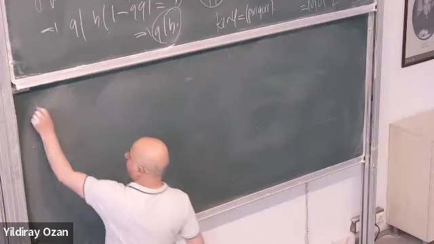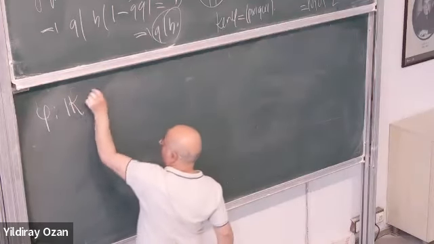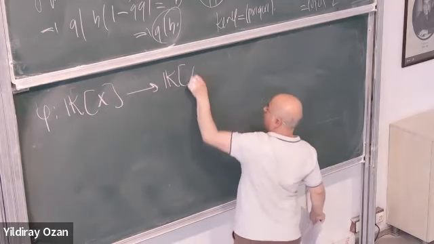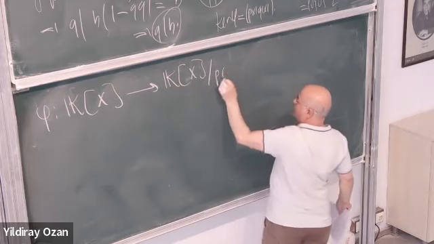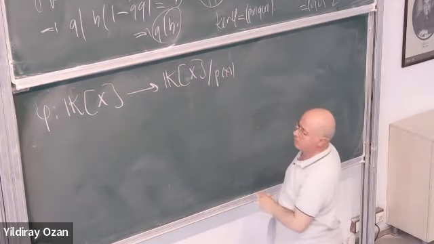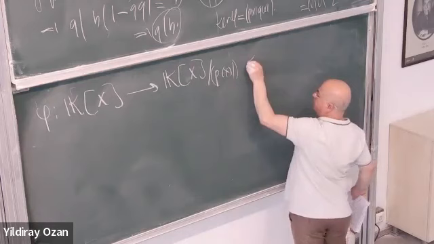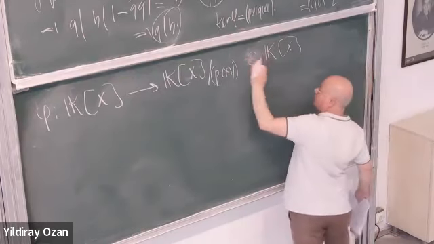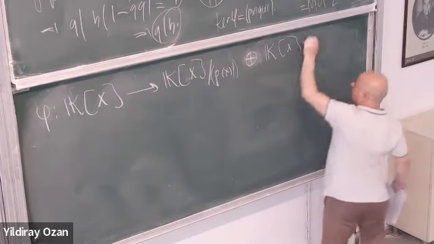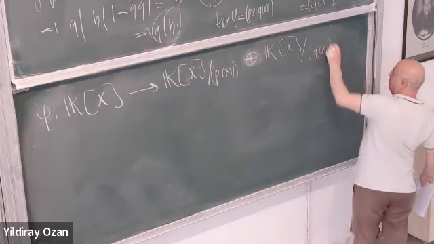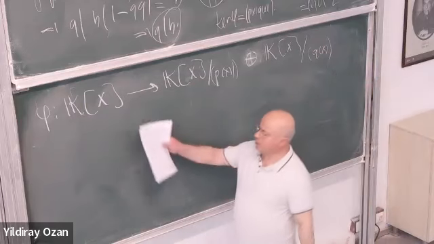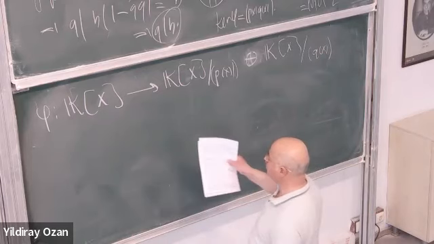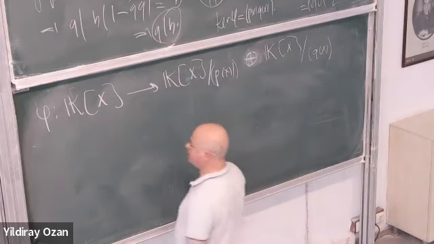Okay, so we have this map. I could generate by this, and then I will generate by this, and its kernel is the ideal generated by Px times Qx.